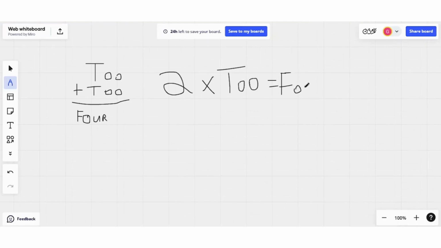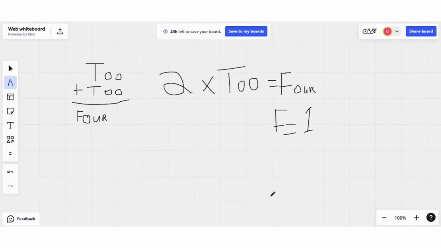Once we have this sorted out, and give me some time to write this down so we have clarity here, we need to understand that the result is a 4-digit number, which means the maximum for this 4-digit number under these circumstances is where F would equal 1. So the F value we understand is 1.